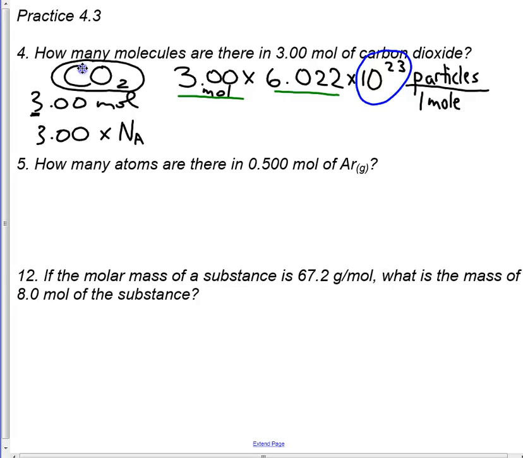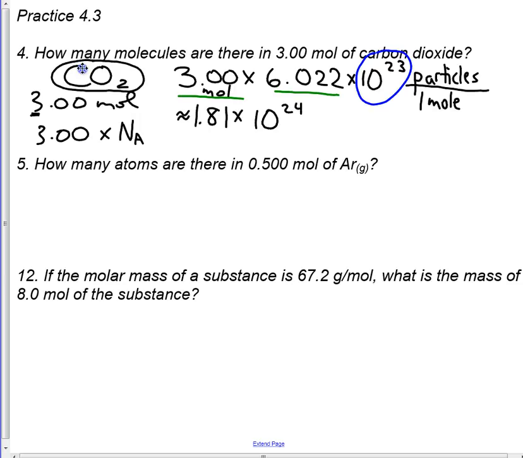So if you enter this in your calculator, you just simply put in 3.00, multiply it by 6.022, and you do have a button on your calculator that allows you to put in scientific notation. If you haven't seen that before, it's probably an EXP button or possibly a 10 to the X button. So simply follow up the 6.022 with that order of magnitude of 23 and complete your product, and you're going to get a new answer, which would be 1.81 approximately times 10 to the 24.